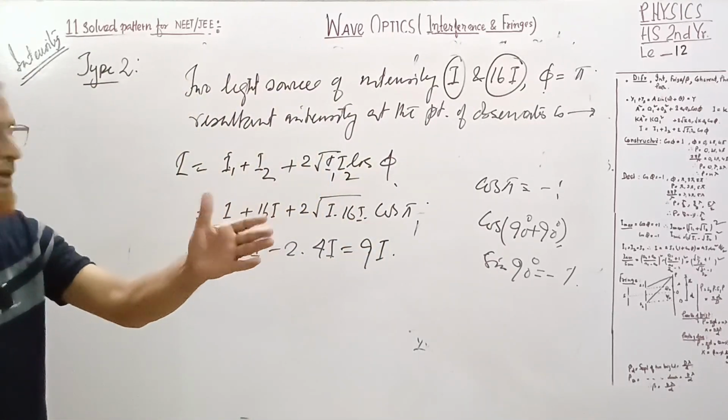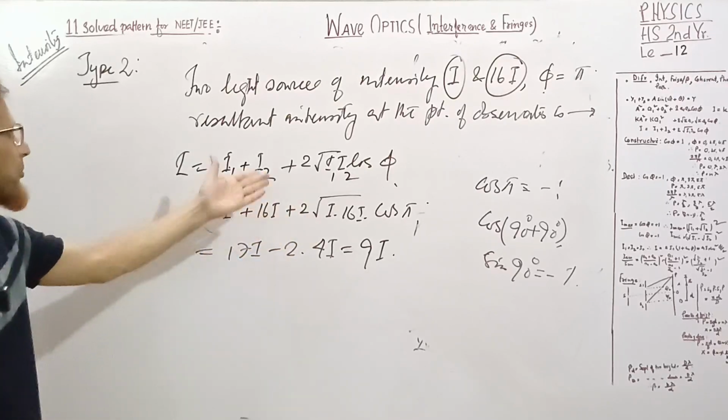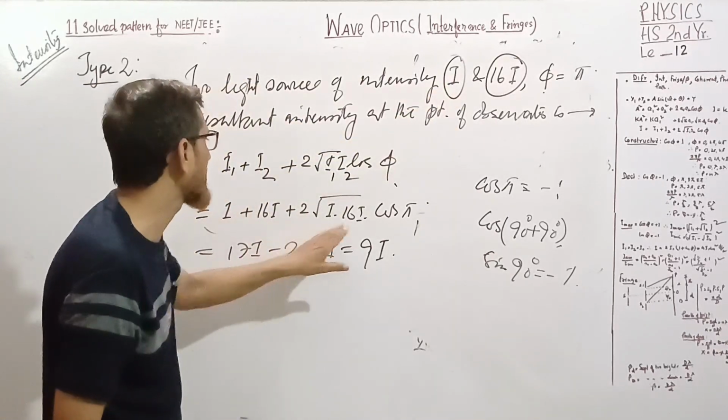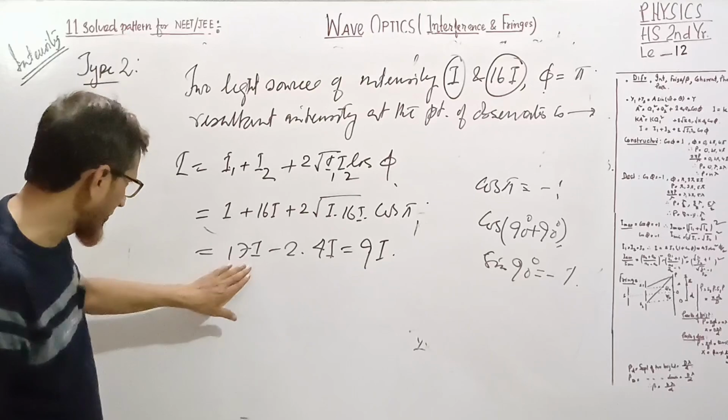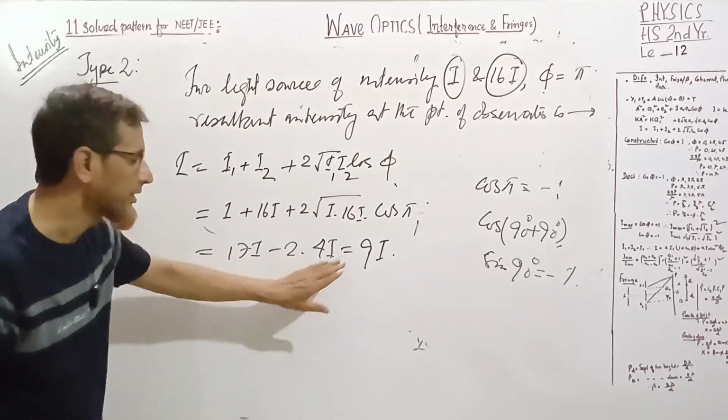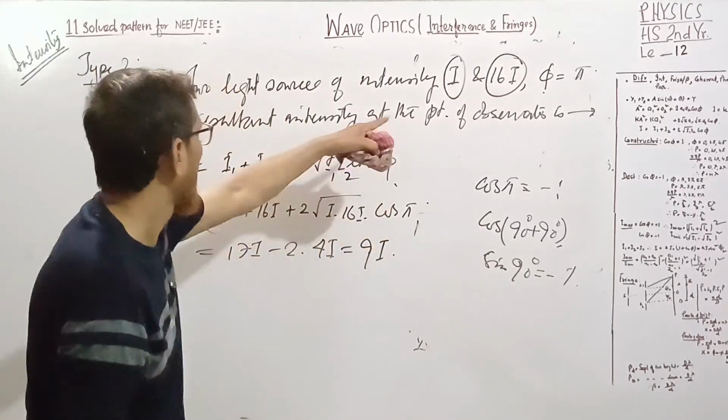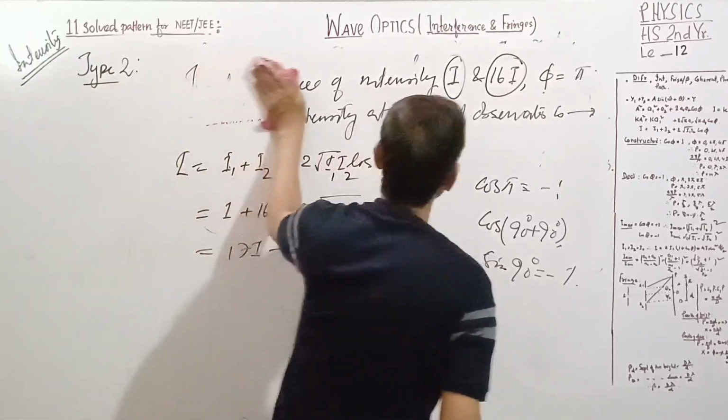Again, it is very simple. You can do it yourself very easily. You just put the intensities in and go on solving. You will get 17I minus 8I is equal to 9I. This is the resultant intensity.